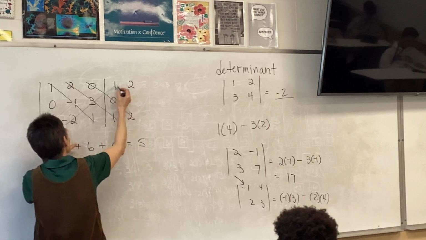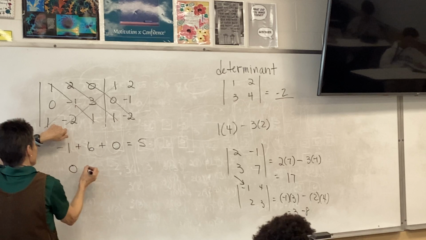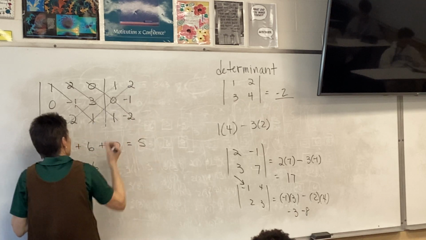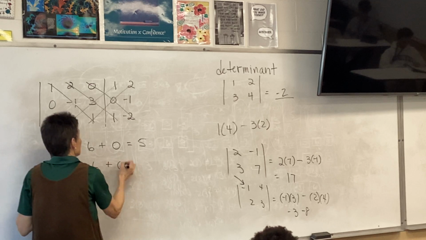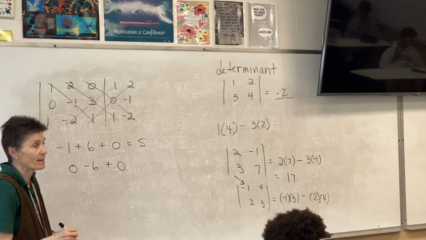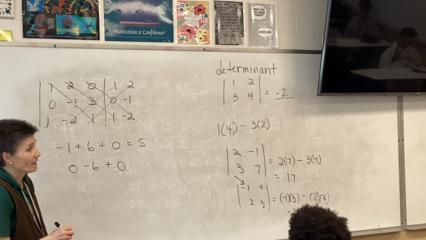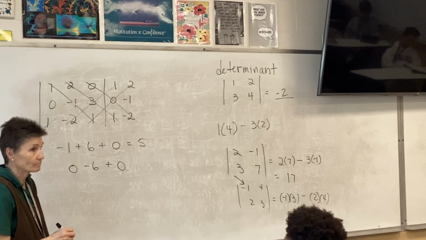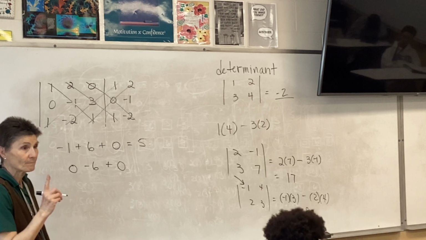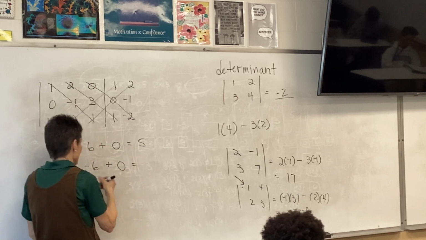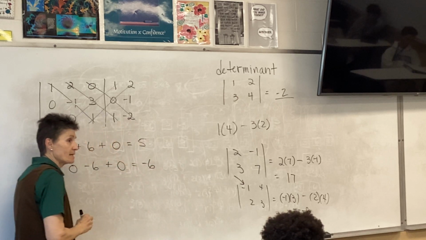What do you get here? -6. And what do we get here? 0. That's a huge arithmetic mistake that's made a lot. Remember, if you're multiplying by 0, you get 0. I couldn't see my 2 because I put the arrow on the 1. Got it? Now, total those up. Those add up to -6.